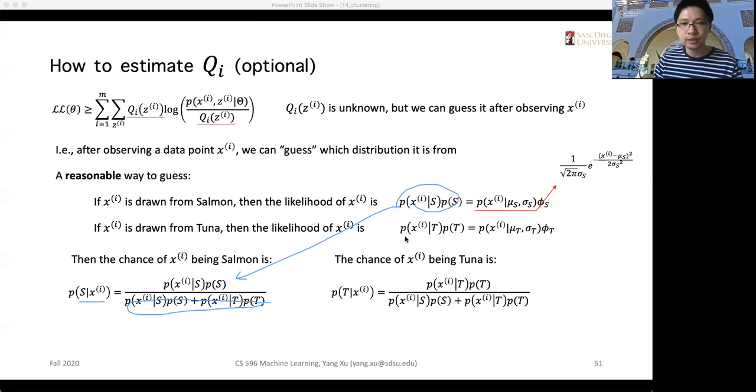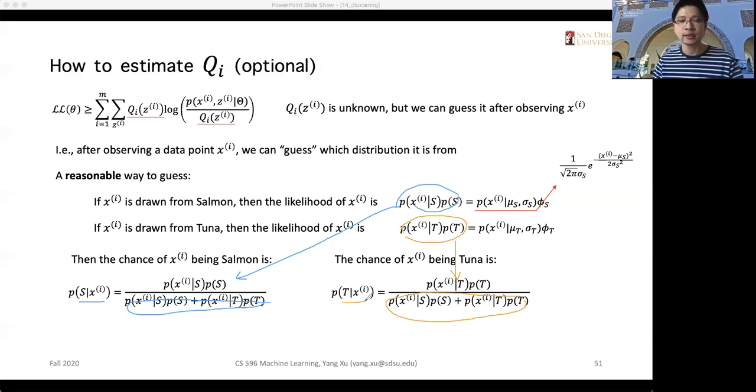The other likelihood here as the numerator, and actually the same denominator. It is a summation of two likelihoods.